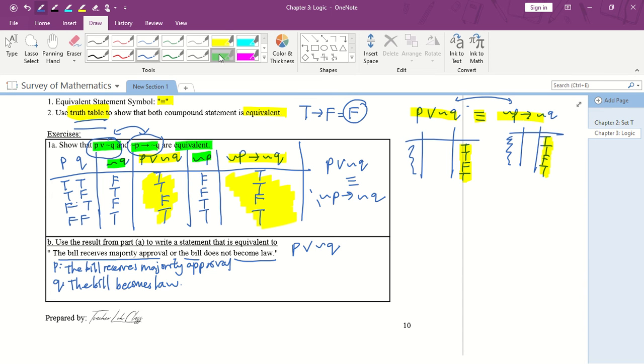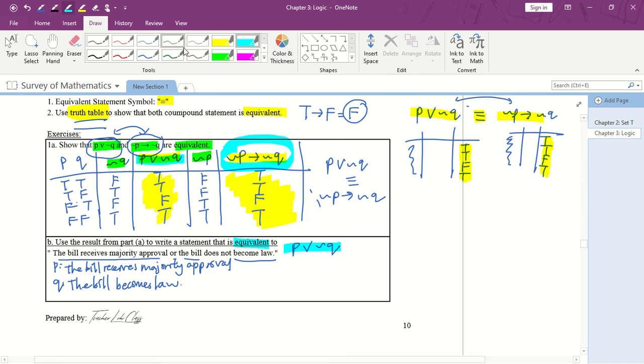So you can see that this is the same thing as the question here, B equal to P or negation Q. And now the question requires us to write an equivalent statement. So we need to base on this to write the English statement.